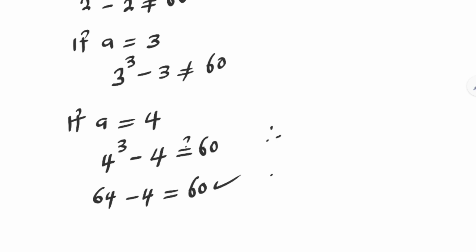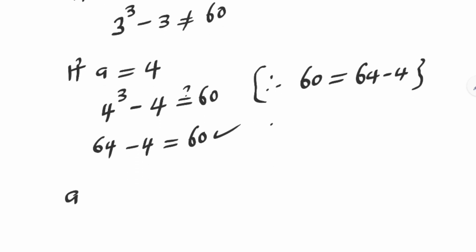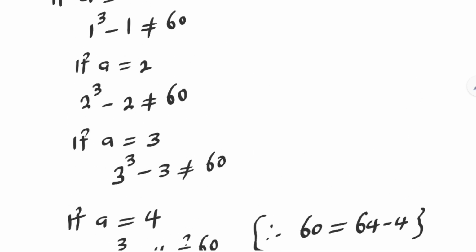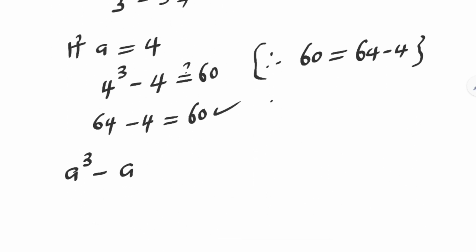Now, therefore, 60 is equal to 64 minus 4. Then the equation becomes a raised to power 3 minus a, and 60 can be written as 64 minus 4, so a raised to power 3 minus a minus (64 minus 4) is equal to 0.